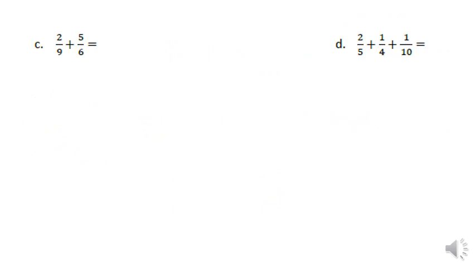Now the next one, I'm going to show you how to do a tree to find the least common multiple, lowest common multiple.